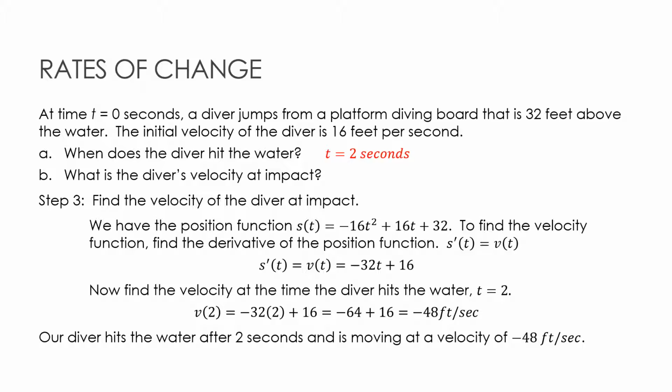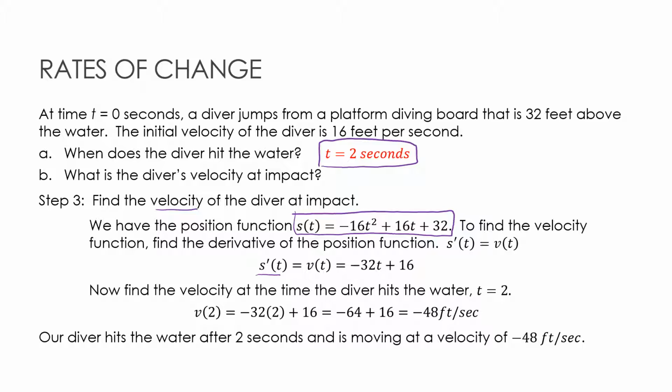The second question asks us to then find the diver's velocity at impact. So it's important that we found this answer first, because this answer tells us that we are in fact going to find it at time 2 seconds. To find the velocity, remember I have to use the position function, which I came up with previously. And because I'm finding velocity, I'm finding the derivative of the position function.